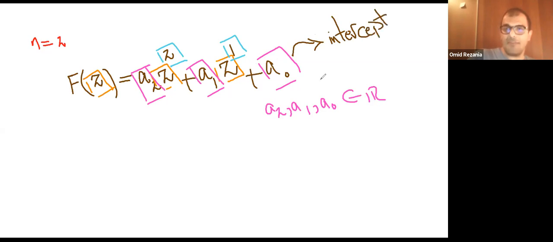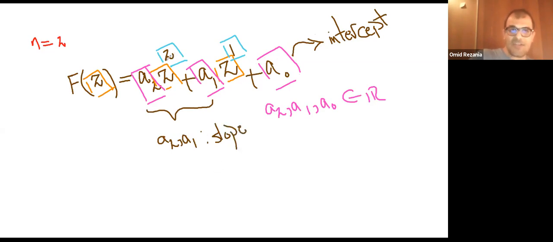When we do mathematical modeling, it has a very interesting interpretation. And we call a2 and a1 the slope. It has a highest degree of 2. That's what we call polynomials of degree 2, quadratic functions.